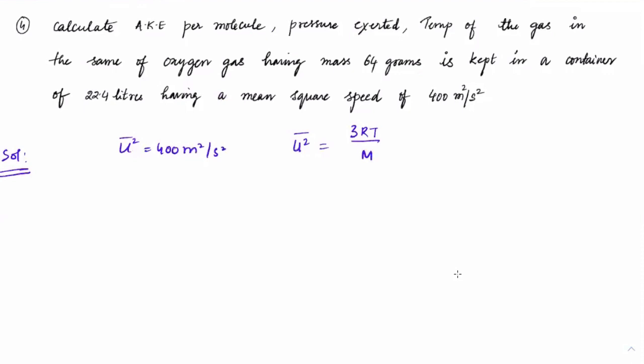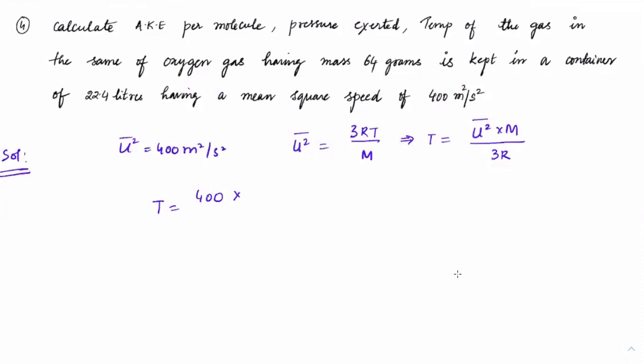Because the root won't be there, which implies temperature would be U square bar into M by 3R. So the minute you come across this, I would recommend first always calculate temperature, which makes your next step very easy. This is given as 400 already. That multiplied by molar mass.